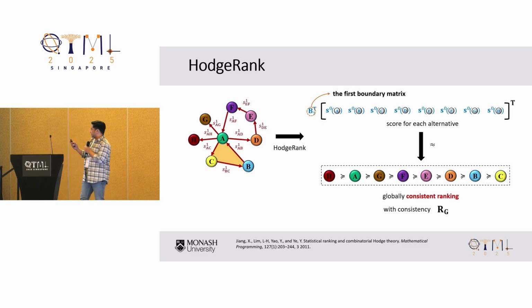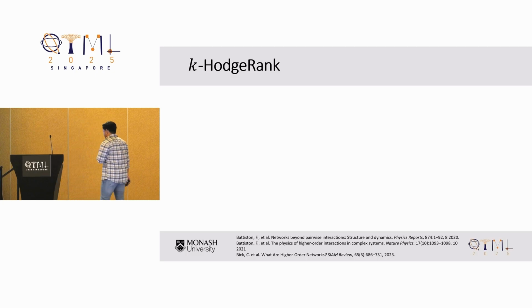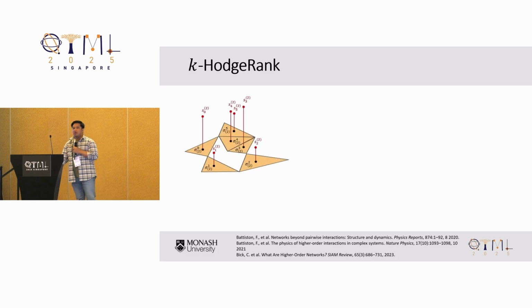with consistency measure. Okay, so the K-HodgeRank is generalization of HodgeRank. So instead of putting data on edges, we put the data on simplices.